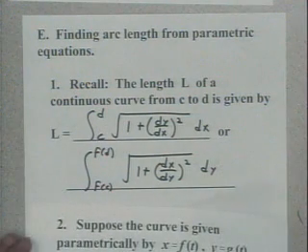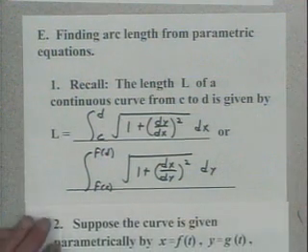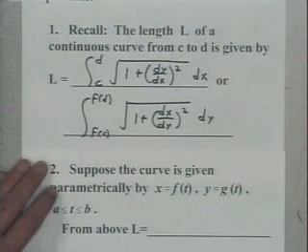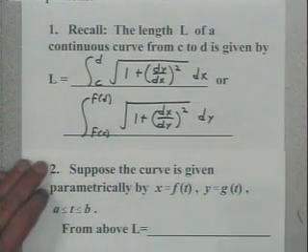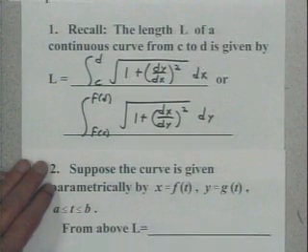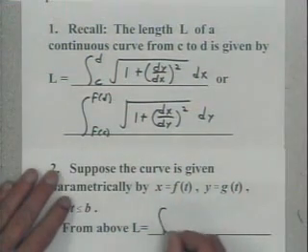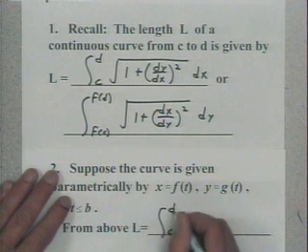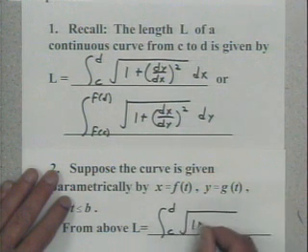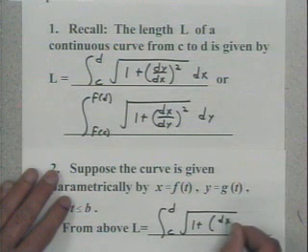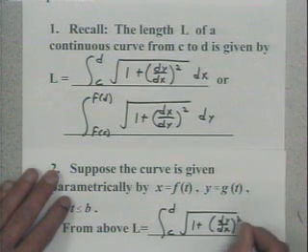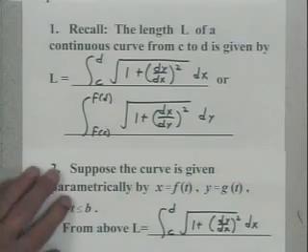Okay, to convert it to parametric, we suppose that x is f of t again, and y is g of t, and t goes from some a to b. Starting with what we have above, we have an integral from c to d of the square root of 1 plus the quantity dy over dx squared, dx, okay?